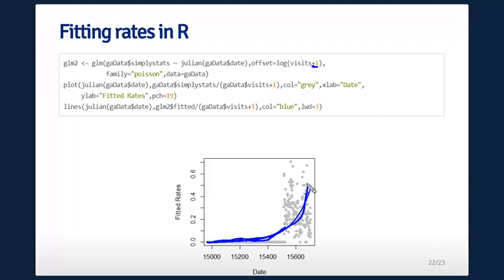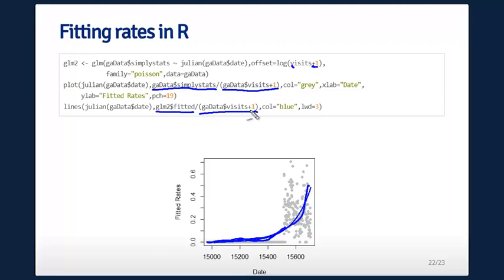So that's our rate model, and that is plotting the fitted values divided by the number of visits plus 1. So yeah, there we go. And here are the fitted values divided by the number of visits plus 1.